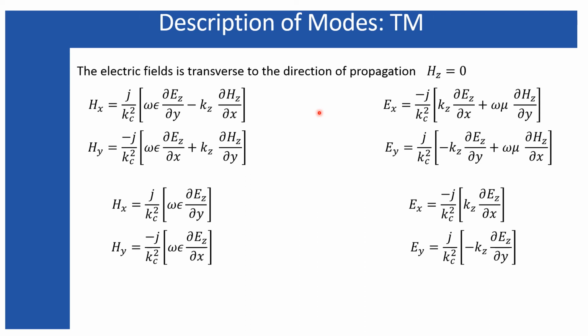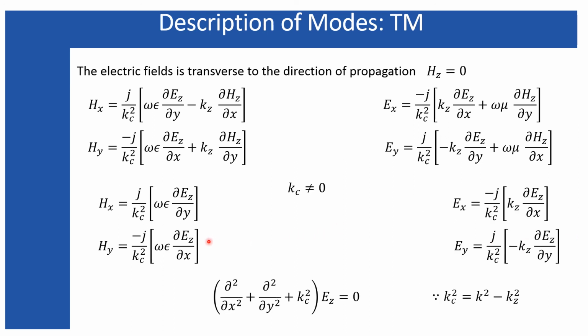Next is the TM mode. For the TM mode, we know that the magnetic field will be perpendicular to the direction of propagation. Therefore, Hz should be 0. And if you place Hz equals zero in the four reduced equations, the transverse components of the magnetic field and electric field will result as shown in this expression.